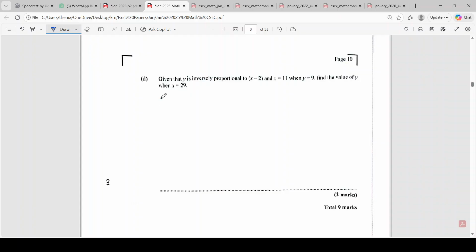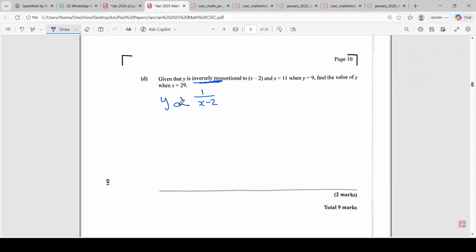Let me write what that is. y, the variation sign, inversely means is 1 over x minus 2. Remember, inversely means 1 over what it's proportional to. So this is what we would write as the proportional statement.